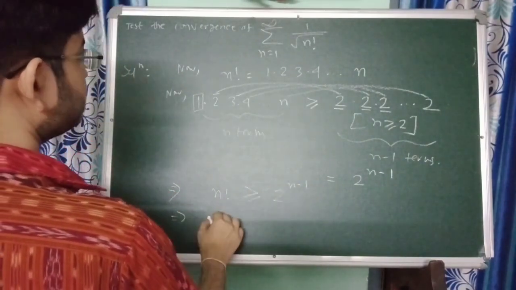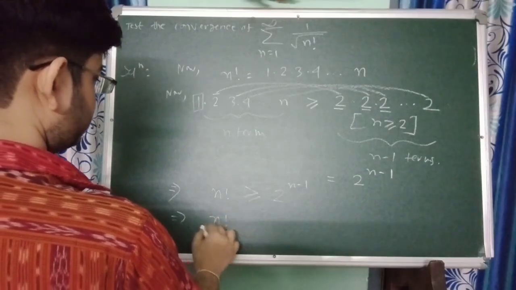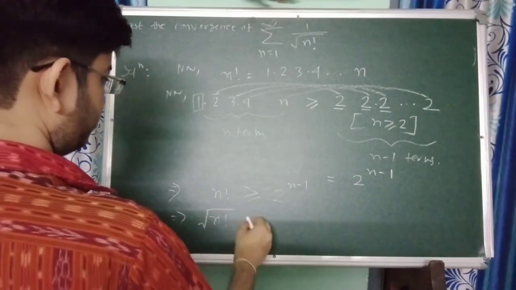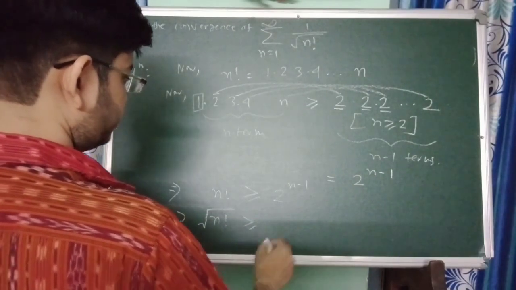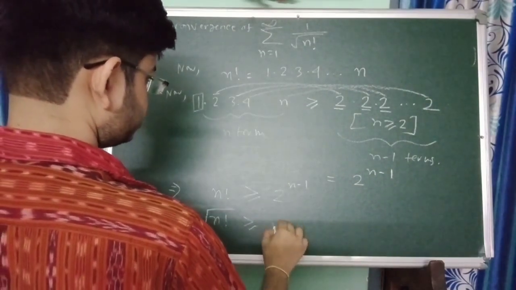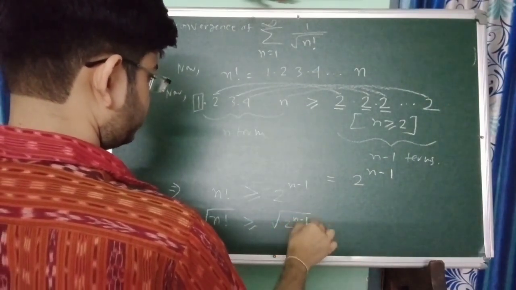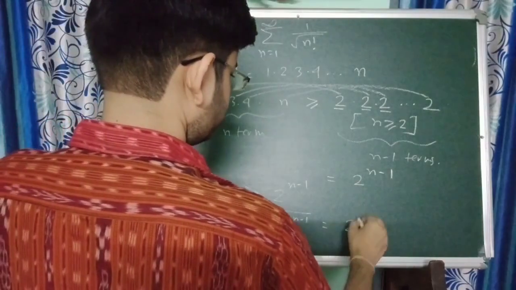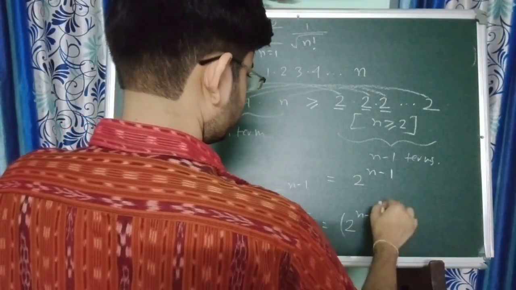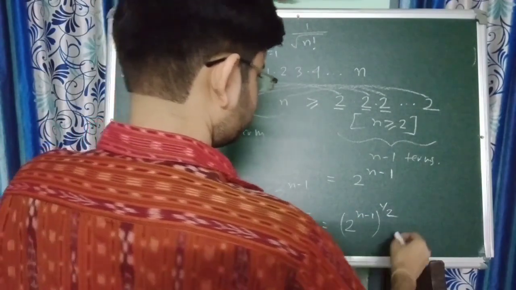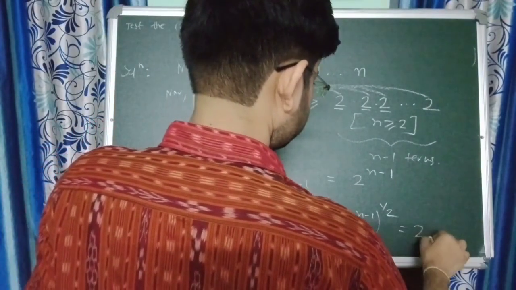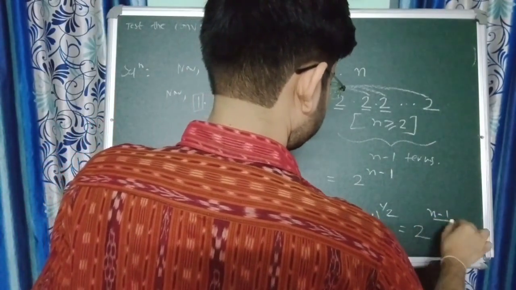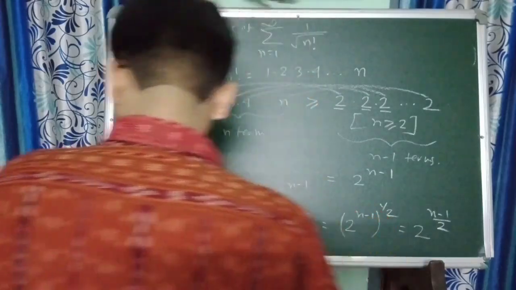So square root of n factorial is greater than or equal to square root of 2 to the power n minus 1, which is 2 to the power n minus 1 to the power half. So this is 2 to the power n minus 1 by 2.